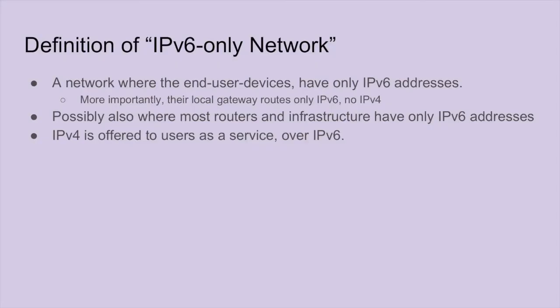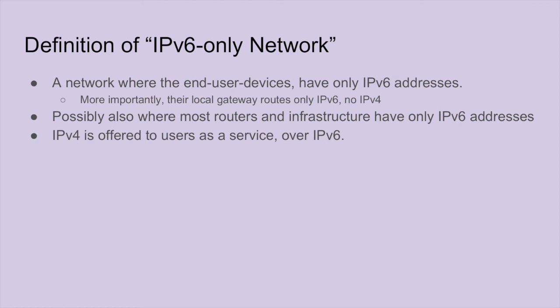So the definition of IPv6 only in this case is a network where the end user devices have only IPv6 addresses. More importantly, their local gateway routes only IPv6, no IPv4. We may find our way to introducing some fake IPv4 addresses later in the deck here, but the router upstream of these users does not route IPv4.